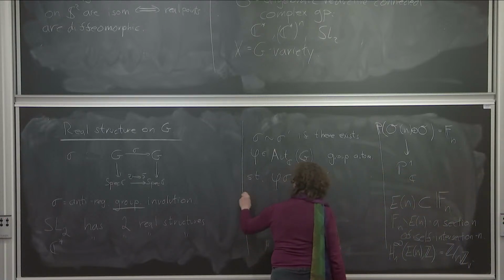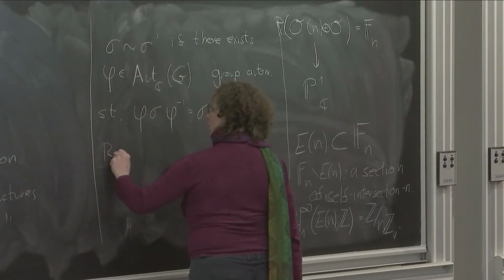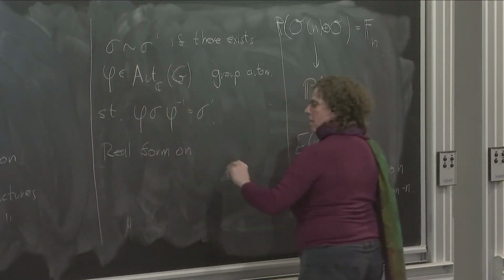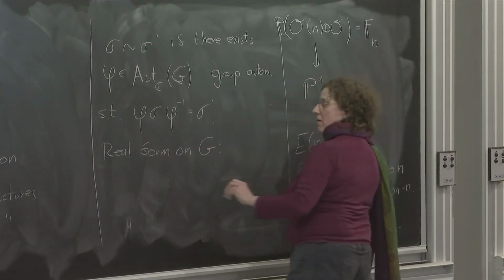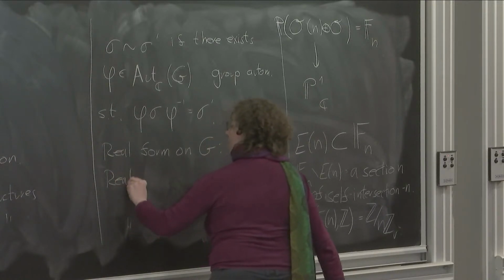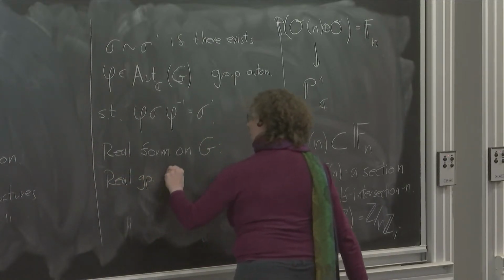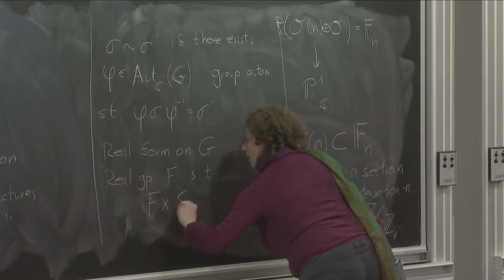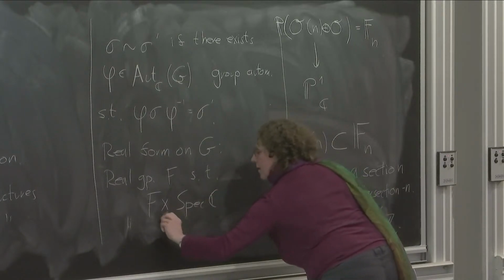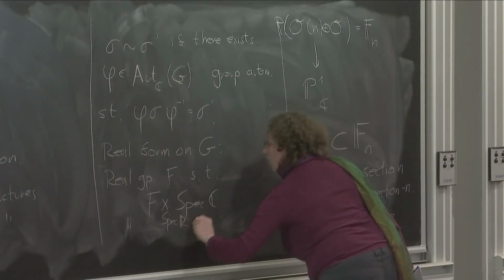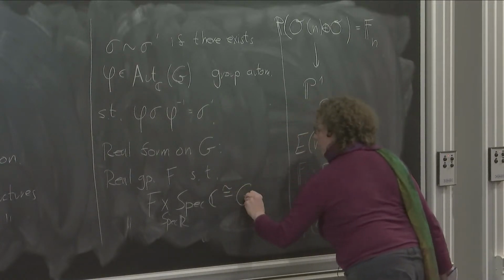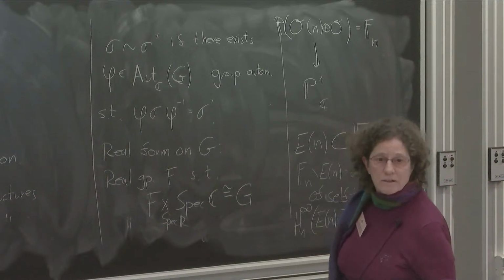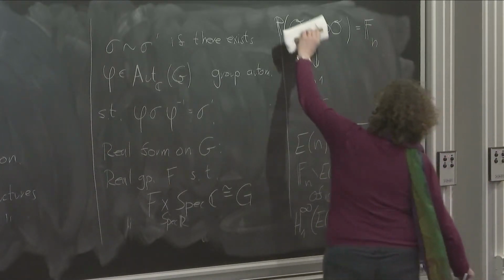And then we can define a real form on G is a real group F such that F spec C over spec R is isomorphic to G as a group. And as before, real structures are in bijection with real forms.